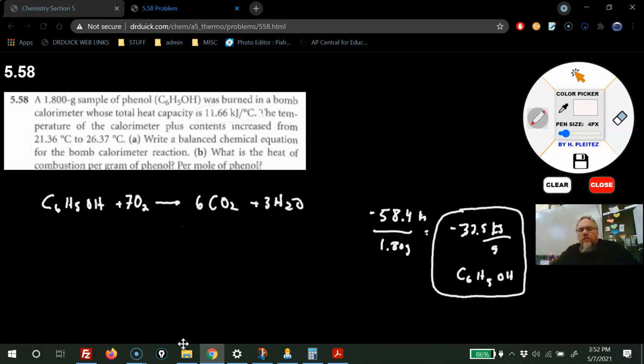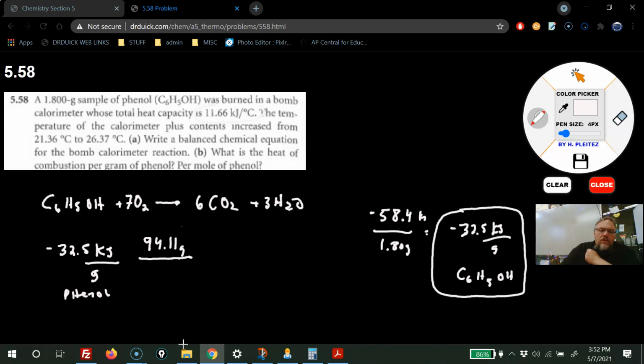So if I have minus 32.5 kilojoules per gram of phenol, how many grams do I have per mole? I know the formula weight of phenol is 94.11 grams of phenol equals 1 mole of phenol.